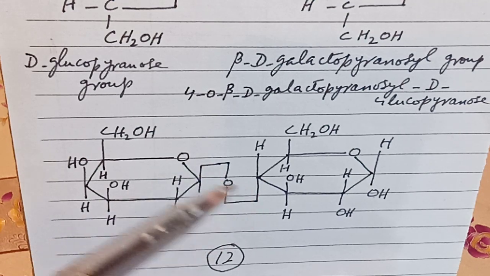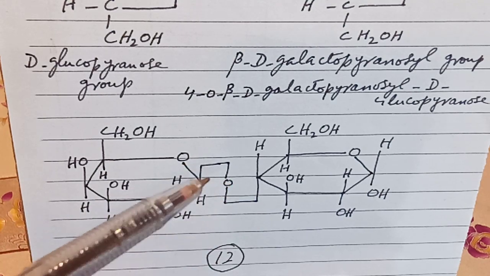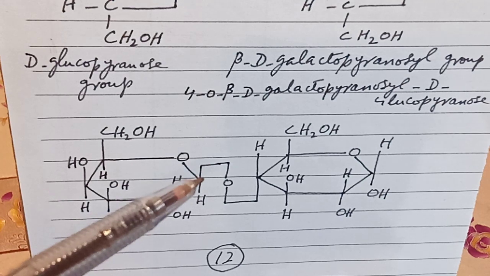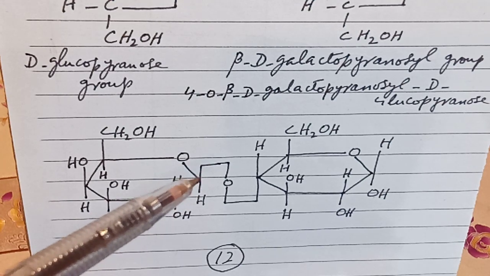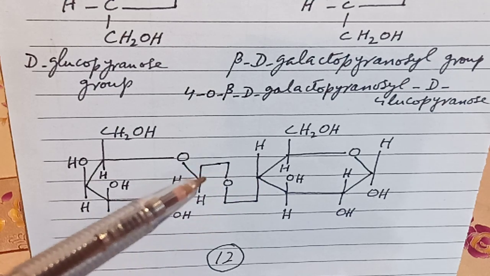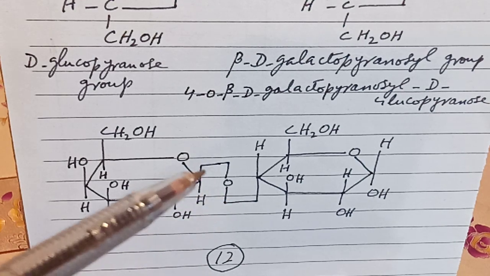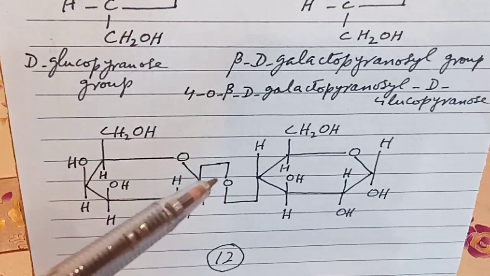These two sugars will condense with each other. As a result of the dehydration reaction, a water molecule will be produced. Therefore, the bond will be formed between carbon number 1 of beta D-galactose sugar and carbon number 4, forming the beta 1,4 glycosidic bond, beta 1,4 glycosidic linkage. Therefore, lactose sugar will be formed.